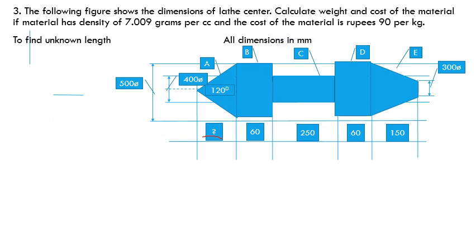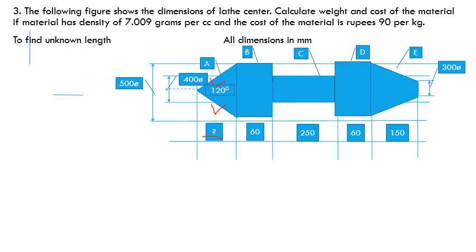So to find the unknown length, let me consider it as a triangle. See, the total angle between this line and this line is 120 degrees. So that is the nose angle of this particular part, 120 degrees.